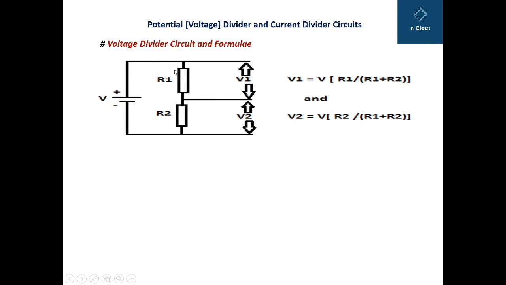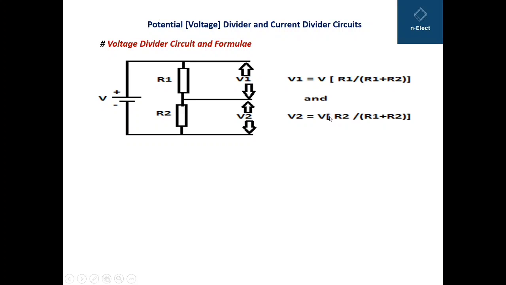This current value is multiplied by the resistance across which we want the voltage. So V into R1 upon R1 plus R2. So V1 is equal to V into R1 upon R1 plus R2. Similarly, if I want to calculate the voltage drop across R2, again using the same current, V upon R1 plus R2, the total current flowing, multiplied by R2.